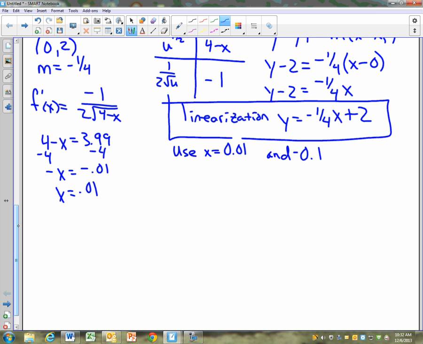If we plug that in, we get, let's try to do this by hand, no calculator. Y equals, negative 1/4 is negative 0.25 times 0.01 plus 2.